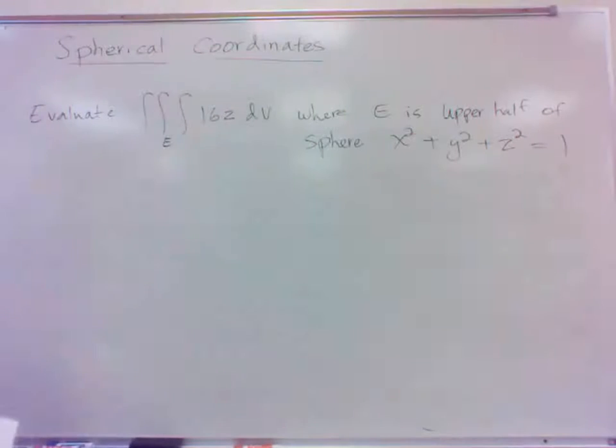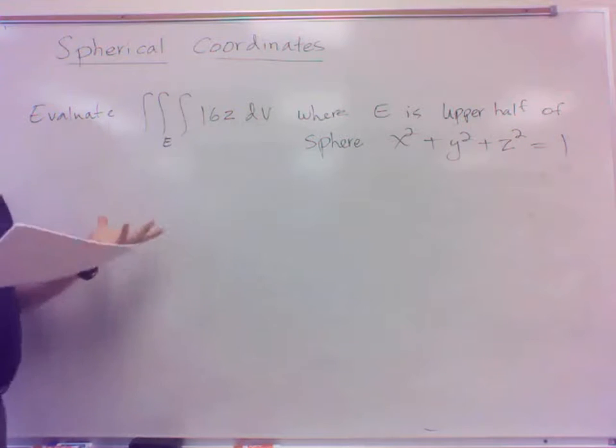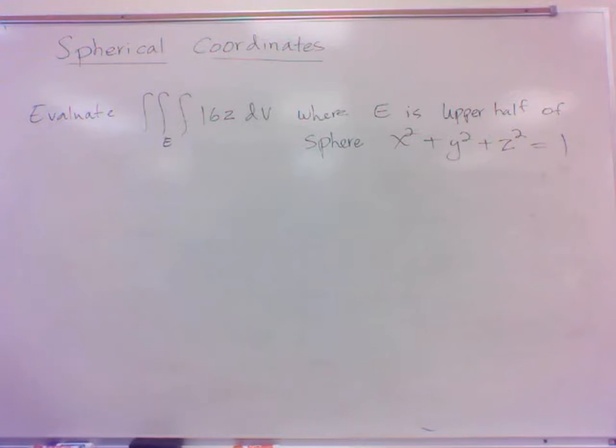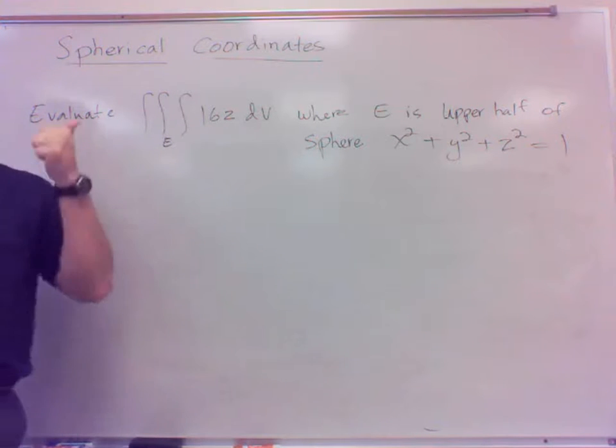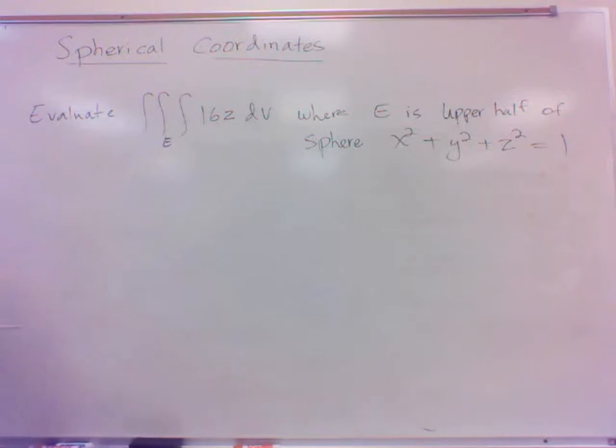So we've got the upper half of that sphere is what region E is here, and we're going to integrate 16z with respect to it. So the hard part here basically is getting our limits for rho and theta and phi.